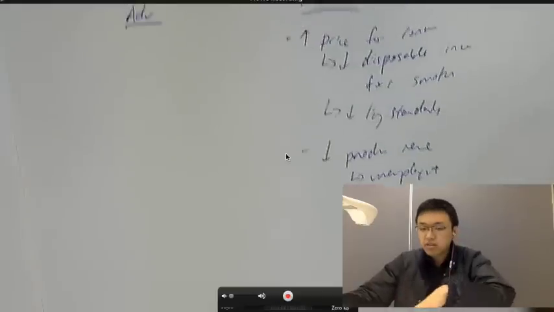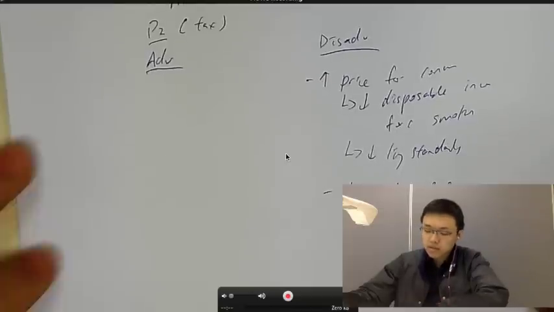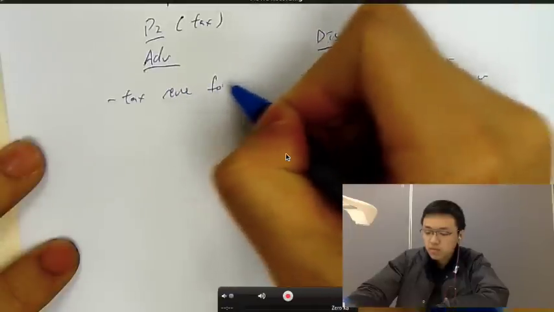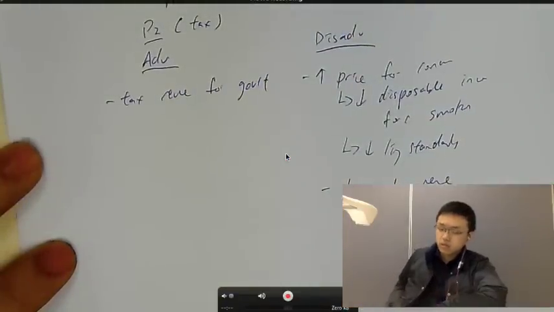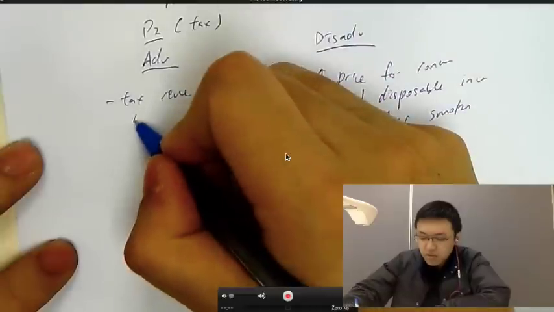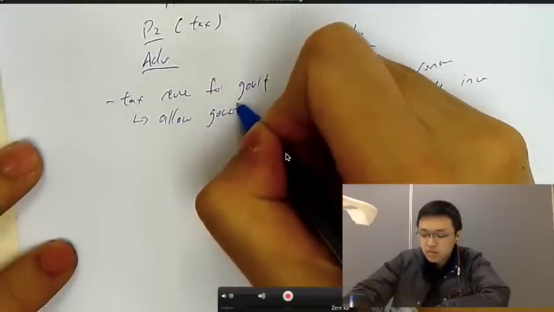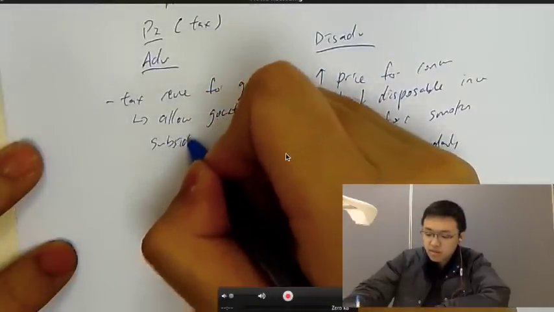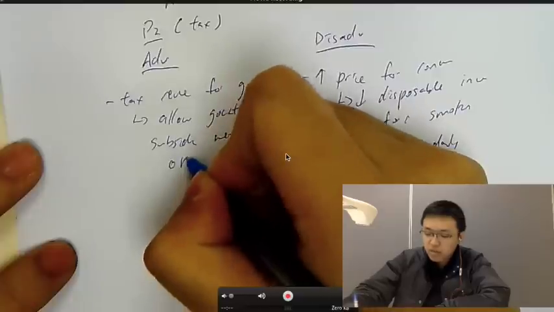Okay, and the other stakeholder is the government, right? So government, tax revenue for government. I'm sure you know this. Tax revenue for government. So of course you can say this allows government to do what? To subsidize merit goods or provide public goods, right?